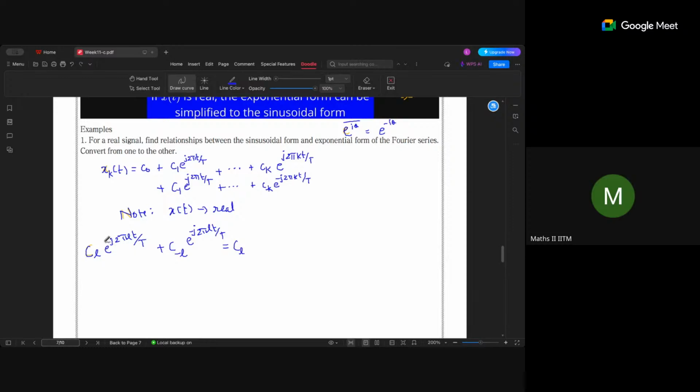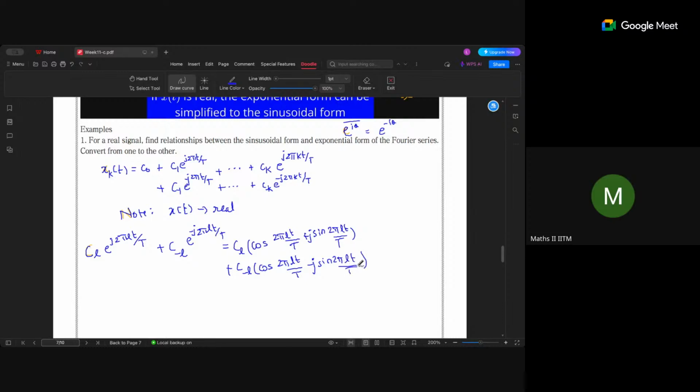So c_l, this is cos(2πlt/T) plus j sin(2πlt/T), and this plus c_{-l} cos(2πlt/T), and here since minus is there, you have minus j sin(2πlt/T).